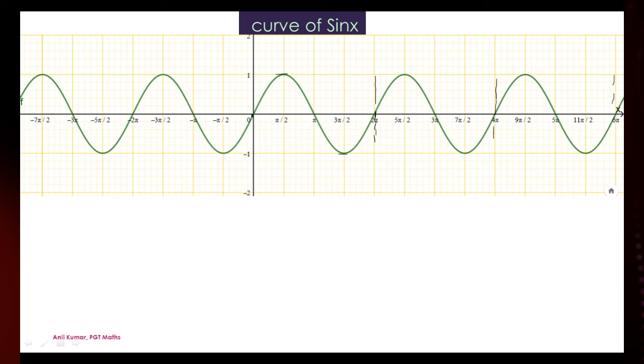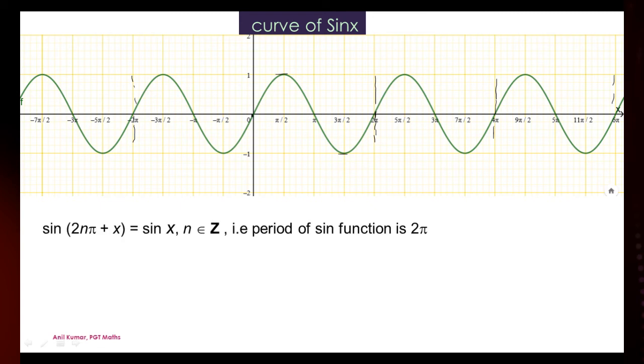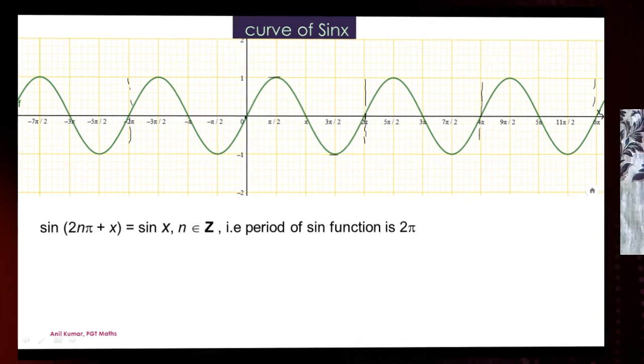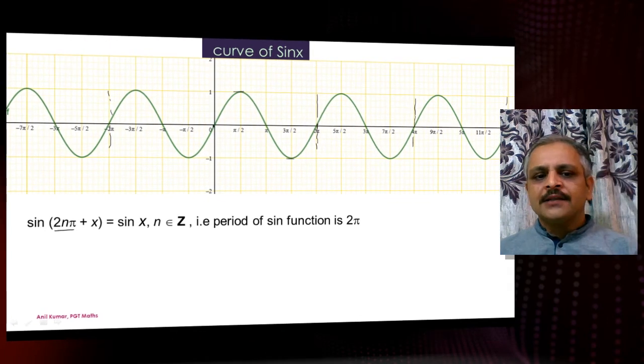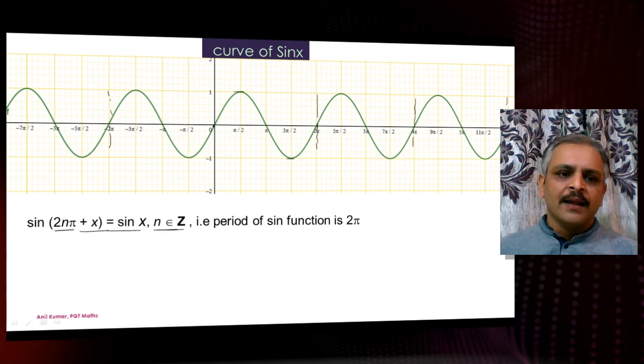Similarly, on the negative side also we can make the partitions. So that means after an angle of 2 pi, the curve will repeat itself. So we can say that the period of sine x is 2 pi. So sine of 2n pi plus x will be equal to sine x, where n belongs to integers. That means as many intervals of 2 pi we add to x, the value will remain the same.